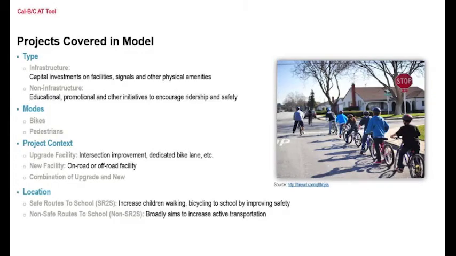For infrastructure projects, we can calculate a benefit cost ratio. For non-infrastructure projects, we calculate a cost effectiveness ratio, which is kind of checking the box on all the things you'd like to get out of this project and comparing it to the cost of the project. So it's not quite a benefit cost ratio, and that's frankly because there isn't as much research available for these kinds of educational campaigns and other non-infrastructure types of projects.